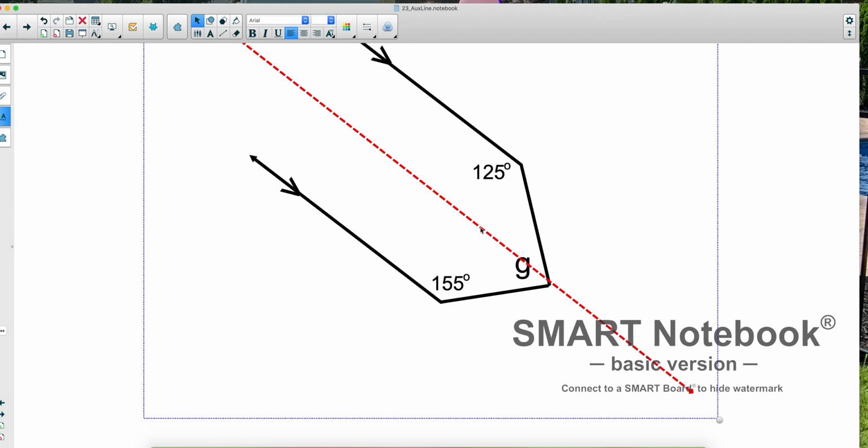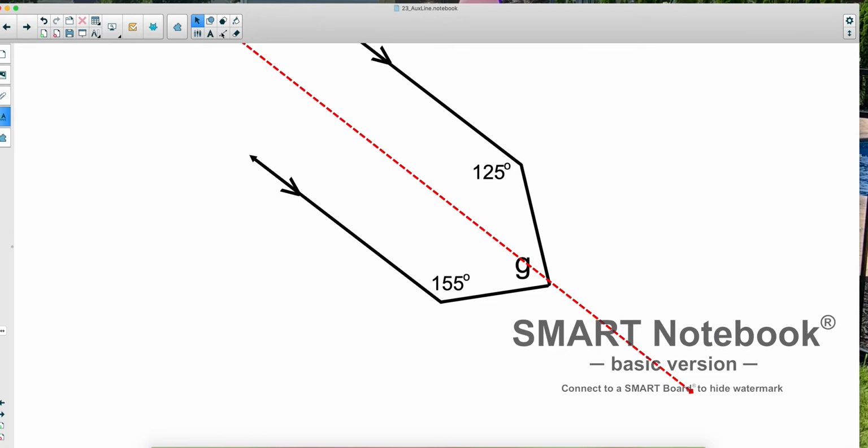And I'm actually going to add some additional auxiliary lines. Might just be helpful to put this one here and this one here. And then I'm going to think, okay, so what can I now fill in? I'm going to take a look and I see that this is 125. So you know what I actually noticed?